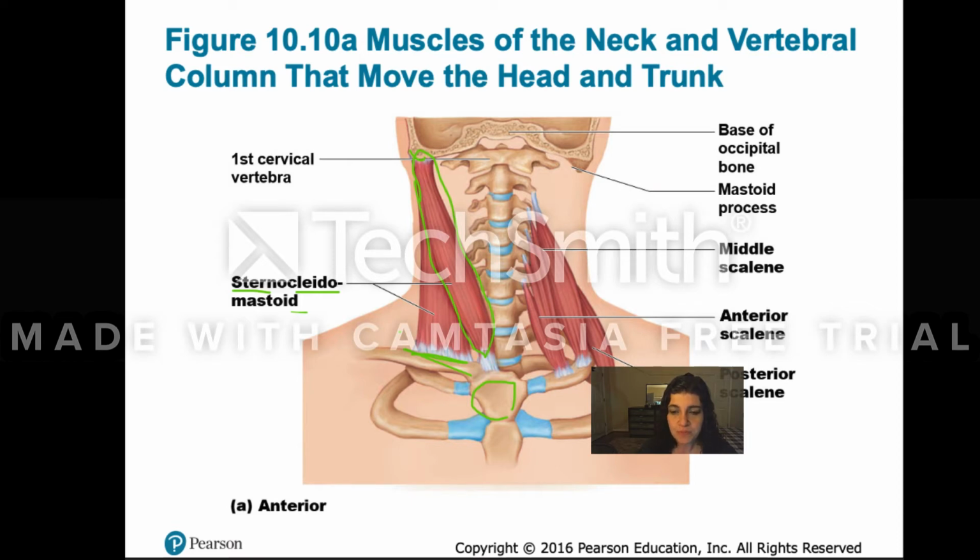The scalenes are responsible for elevating ribs 1 and 2. So this is rib 1, this is rib 2, and look where they insert, in the ribs. So there are 3 different scalenes. You don't need to know which one of them. Just know that the scalenes are responsible for elevating ribs 1 and 2. Why do you elevate ribs 1 and 2?